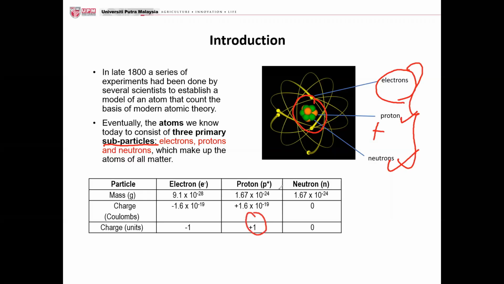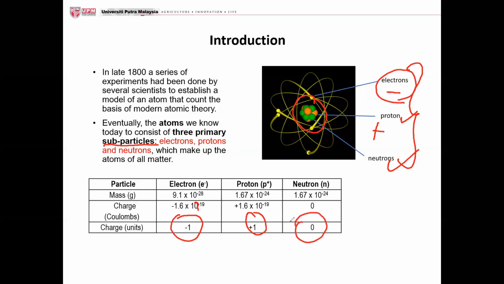On the other hand, the electric charge for electron is negative, written as negative 1. Neutron has no electric charge at all, so it is written as 0. So it is neutral.